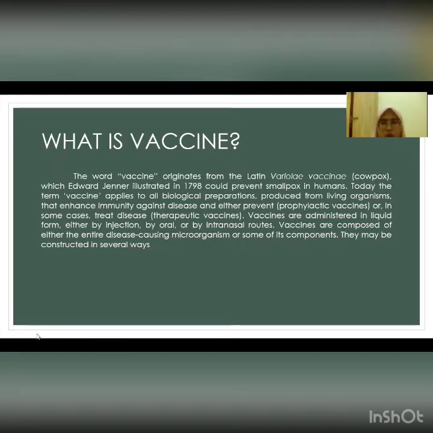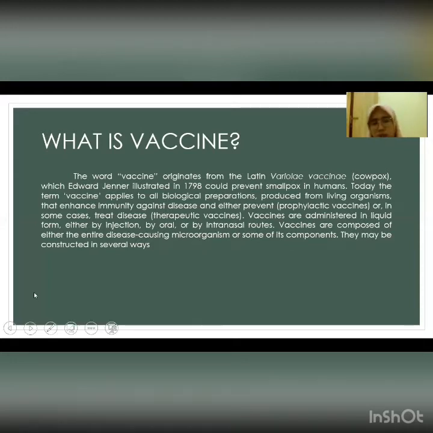Vaccines are administered in liquid form, either by injection, orally, or by the intranasal route. Vaccines are composed of either the entire disease-causing microorganism or some of its components, which may be constructed in several ways.